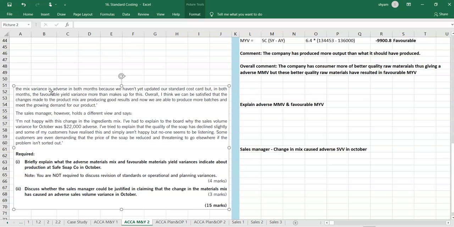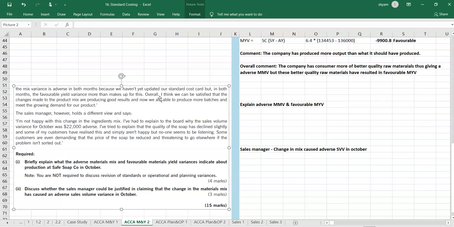The mix variance is adverse in both the months, okay. So see, this is a question where it starts from here only, so you don't need to look at what is the above answer. You have to believe what this statement is telling you. The mix variance is adverse in both months, I think it's September and October, because we haven't yet updated our standard cost card, but in both months the favorable yield variance more than makes up for this.